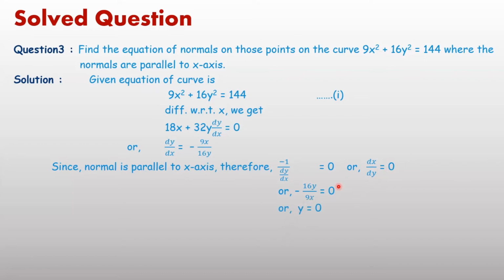Just put the value of dx by dy, you are getting y equal to 0. Put the value of y, 0, in equation number 1 and you will get values of x as 9x² plus 0 equal to 144, or x² equal to 16, or x equal to plus minus 4.